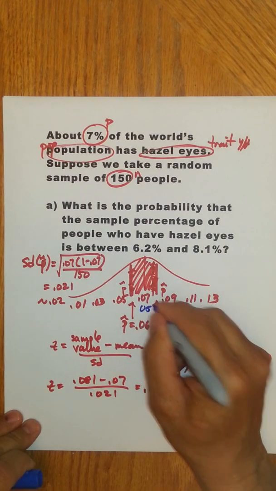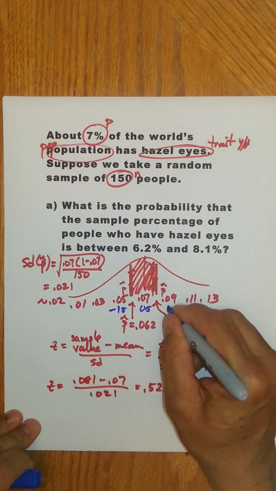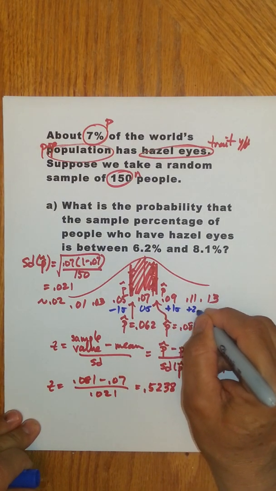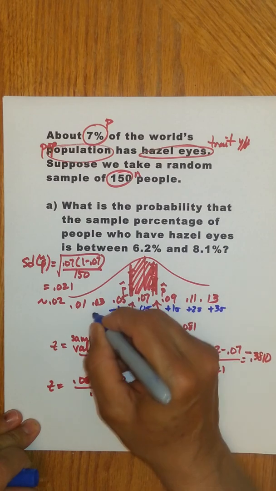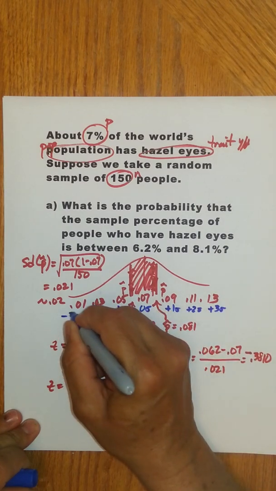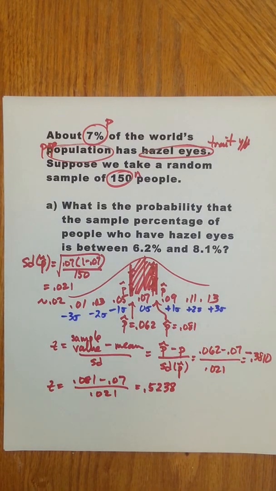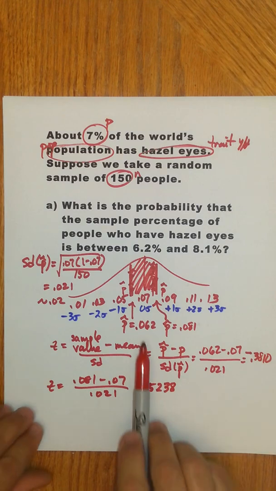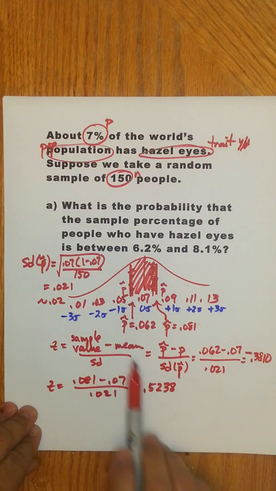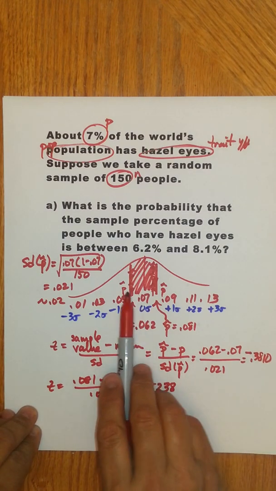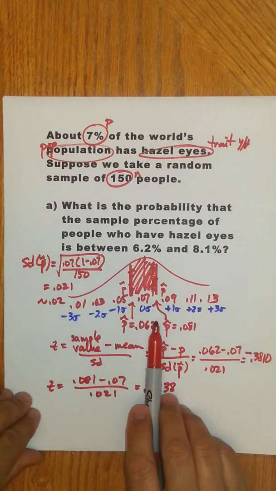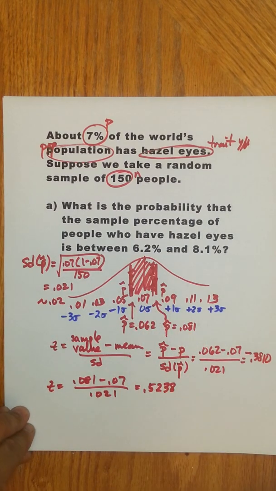This is 0 standard deviations, this is -1, this is +1, this is +2, +3 standard deviations, -2, -3 standard deviations. And what we're saying is the sample proportion we're looking for, 0.062, is about negative 0.3810, not even half a standard deviation away, and this one is about half a standard deviation away.